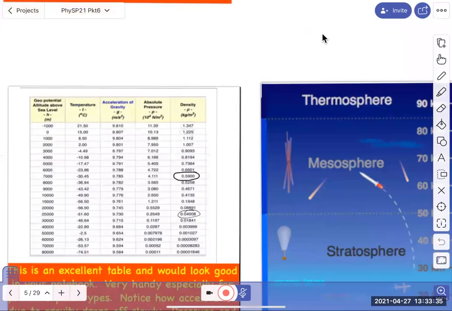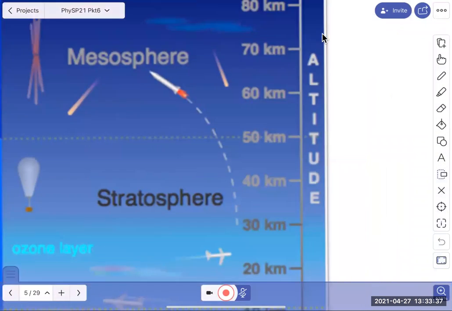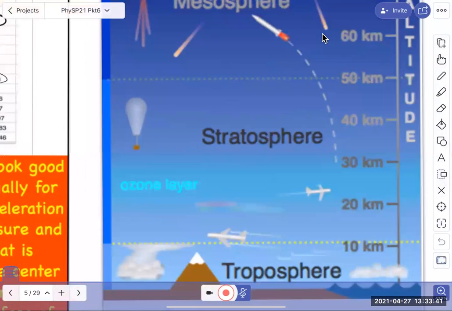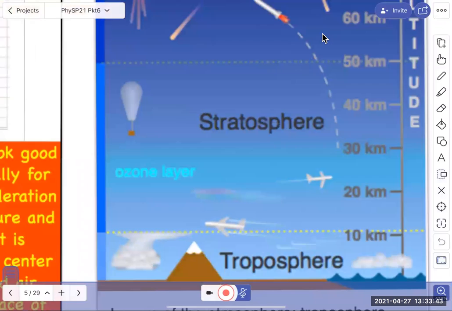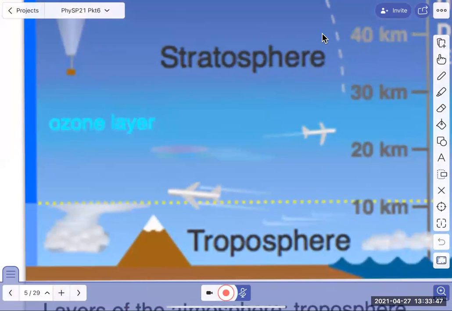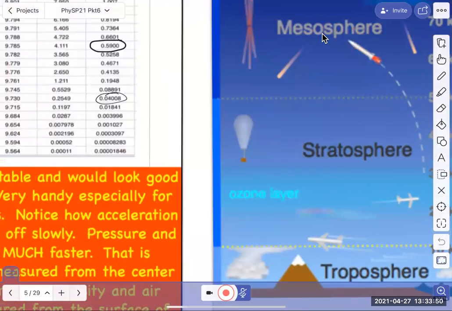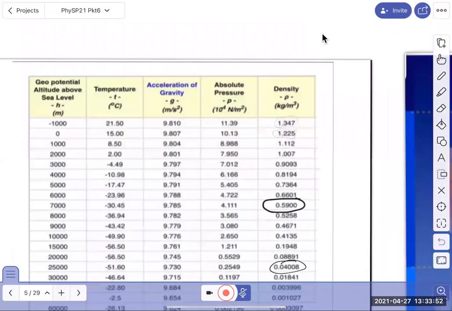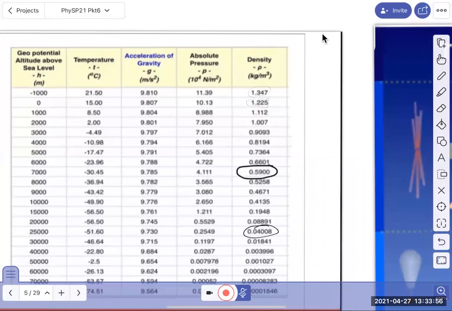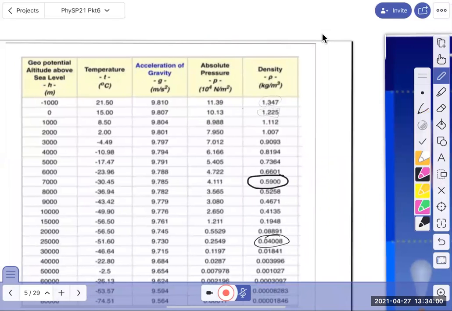You have planes sitting at anywhere between 10 and 22 kilometers. Probably jets, they're showing more like 12 or so. So they're more like in, let's say, right here. So this will be jets in this range, not that.